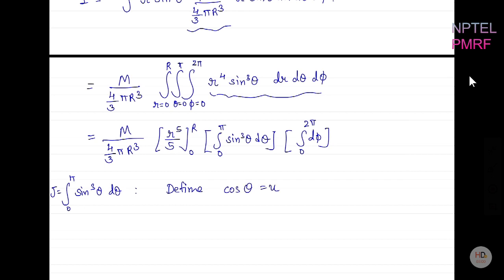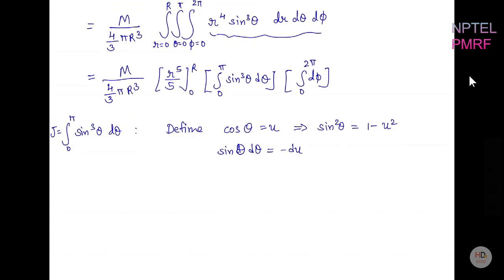This is a very neat trick to evaluate such kinds of integrals, so that sine square theta is 1 minus u square, and sine theta d theta is minus du, right?